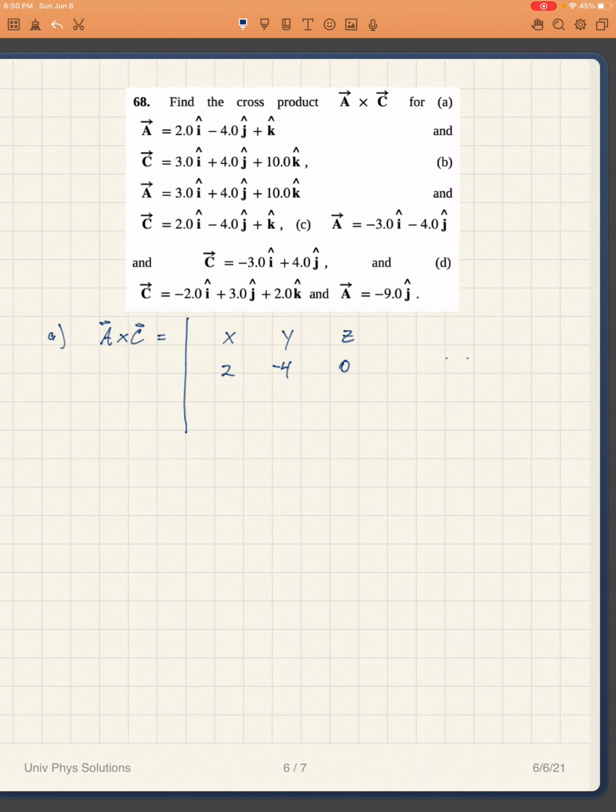So you notice that I wrote this vector down, but I wrote it in components, with the x component in the first column, the y component in the second, and the z component in the third column. I'll do the same for the next vector.